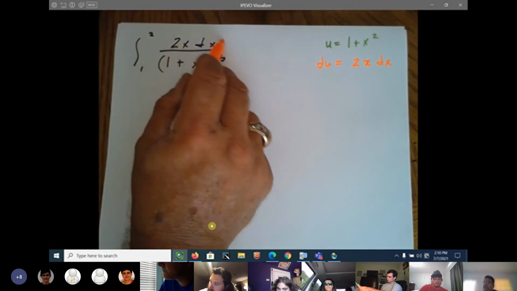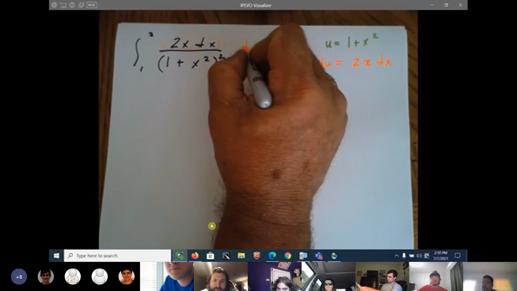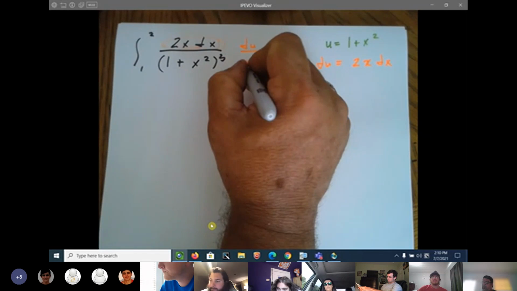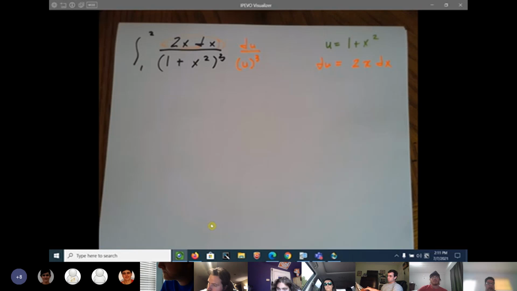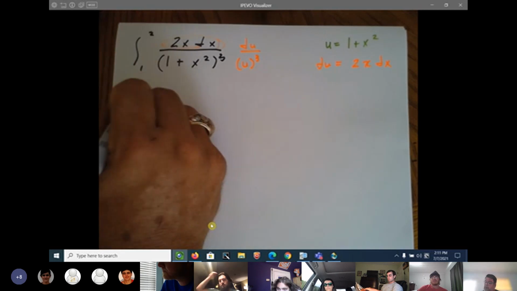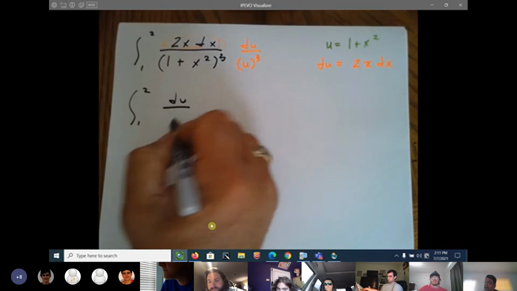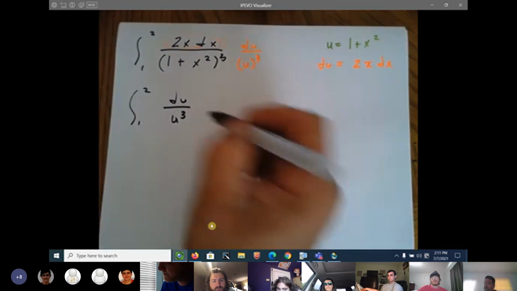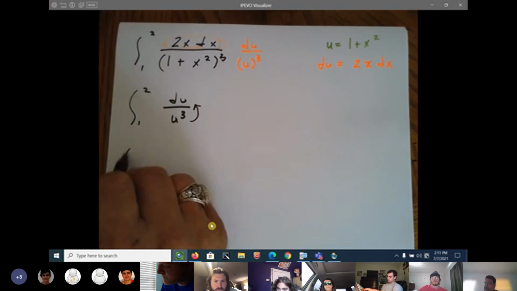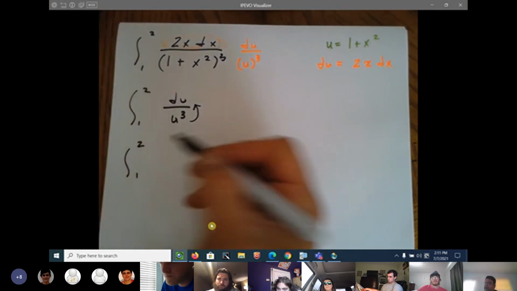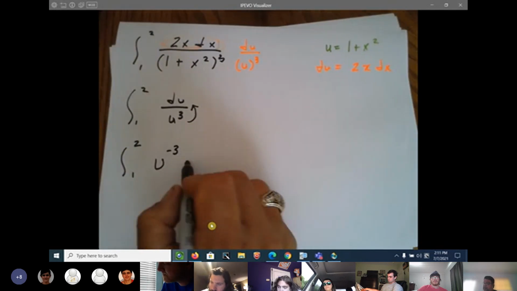Since we have 2x dx, that's going to be du over u to the third power. So I can rewrite from 1 to 2 du over u to the third power and bring up the u to the third power. And that will give me antiderivative from 1 to 2 of u to the negative third du.